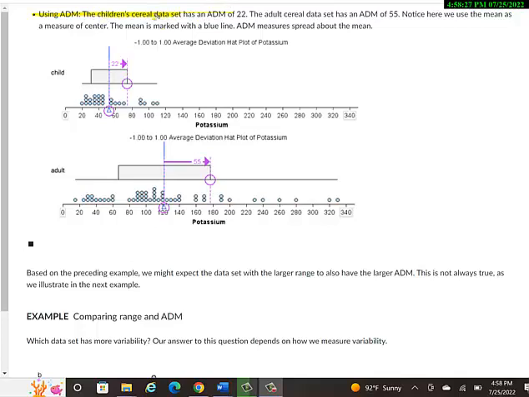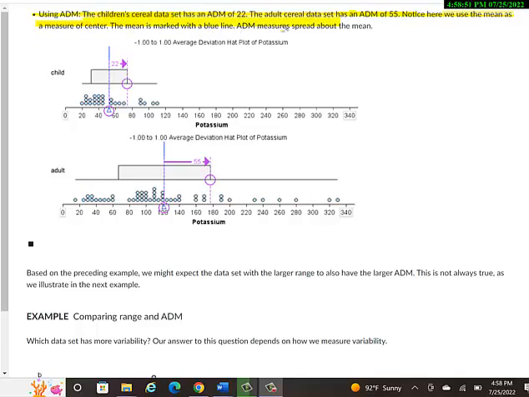The children's cereal data set has an average deviation from the mean of 22. Remember, you find the mean, and then you measure how far away each of the data values is from that mean value you calculated, and then average all those distances. It sounds kind of crazy. Anyway, notice here we use the mean as a measure of center. The mean is marked with a blue line.